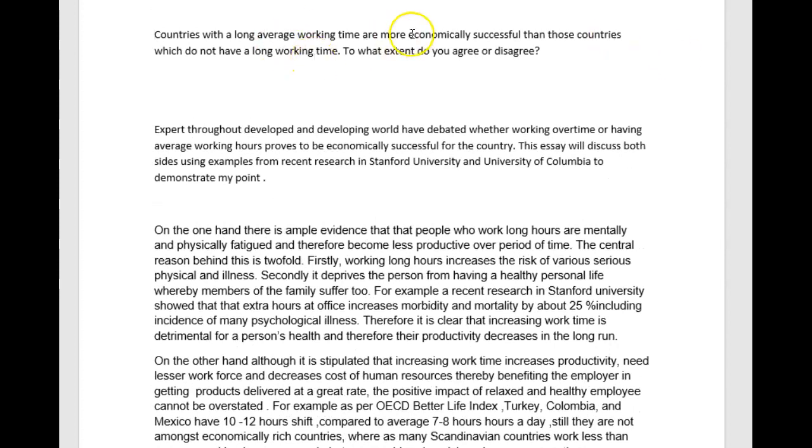So check this out. The task asks you to what extent do you agree or disagree with this statement. You didn't answer that, but you really should, okay? If you look at the band descriptors for task 2, you will see under task achievement at band 7 that you need to present a clear position throughout your response.